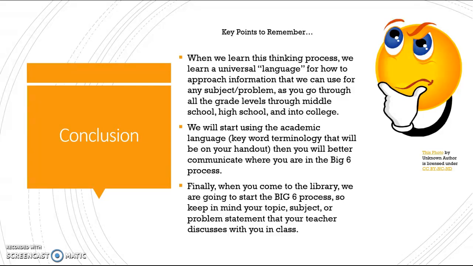So we're going to start practicing using that academic language, the terminology the Big Six has for each step. We're going to remember those key words and start communicating with them, talking with your teacher about it, between each other, and with me, and hopefully we'll use that more in the future.